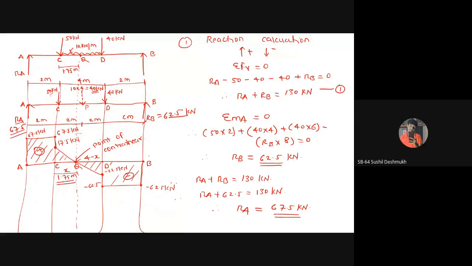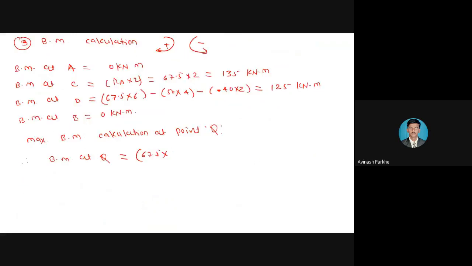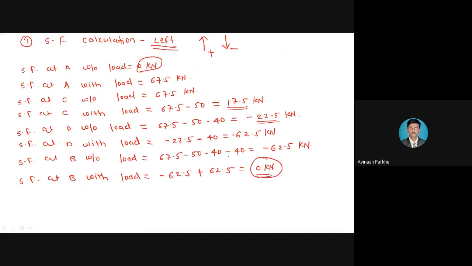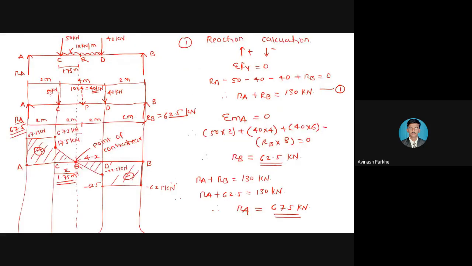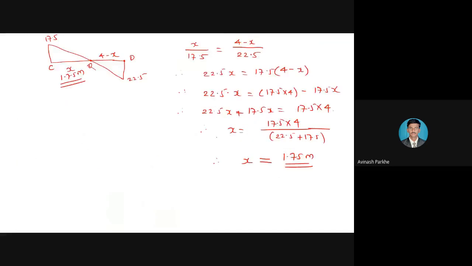Distance AQ is 3.75. Minus 50 into another point load. 50 is rotated in anti-clockwise, therefore minus 50. Distance between C and Q, how much? 1.75, correct.